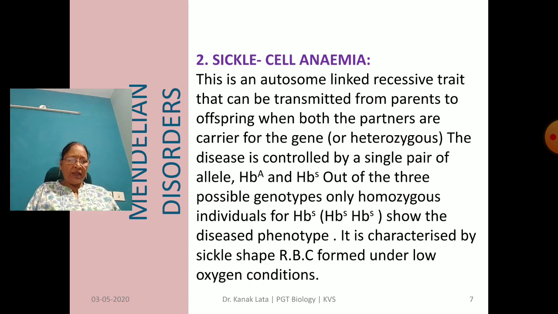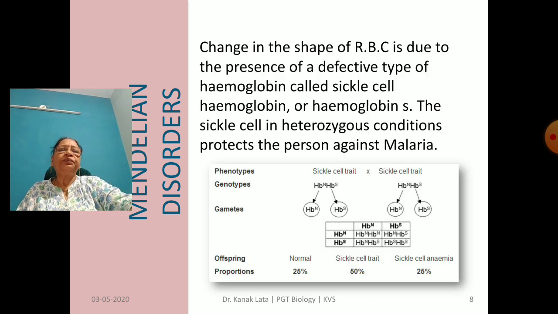It is shown by sickle cell shaped RBC due to low oxygen condition. The change in the shape of RBC is due to a defective type of hemoglobin, or hemoglobin S, that is called sickle cell hemoglobin.